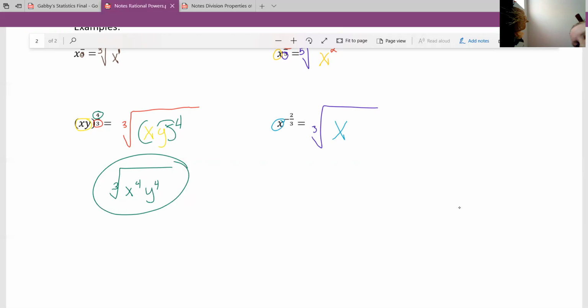And I'm going to raise that to the power of this top -2. And then simplify. Remember, we're not allowed to have negative exponents, which means this is really an x squared on the bottom of a fraction, right? And then I can just throw my cube root around that.